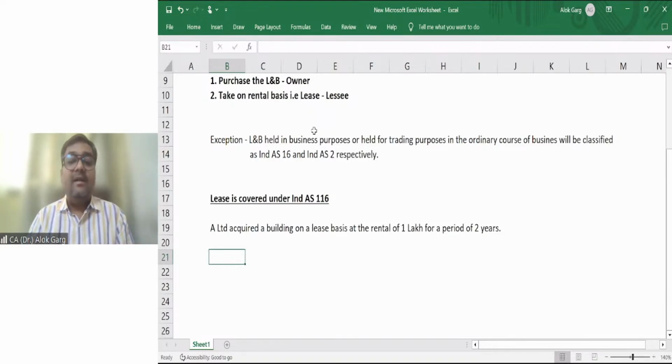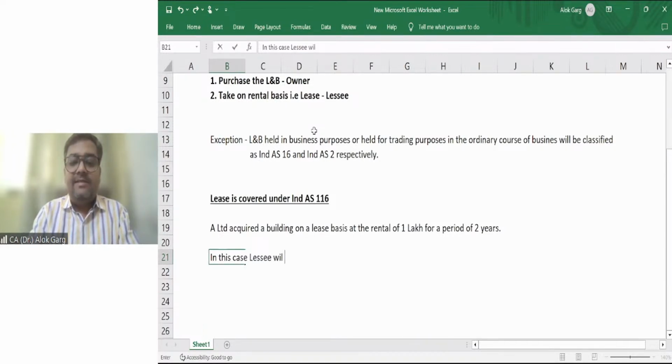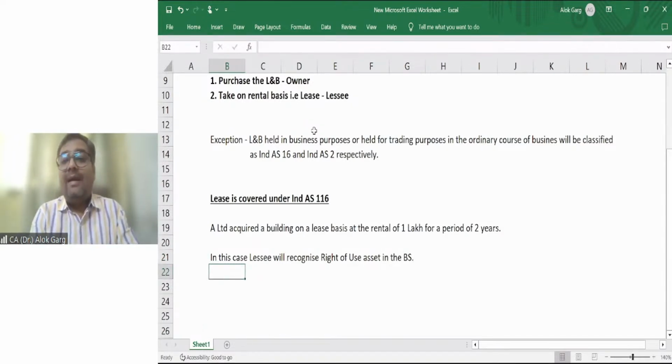So the standard says that the lessee is required to recognize an asset always. Why? Because the lessee is getting a right to use the asset for long-term purposes. Long-term means 2 years, right? So in this case, the lessee will recognize right of use asset in the balance sheet, always.